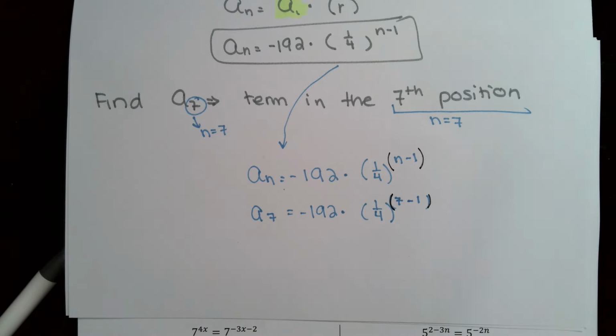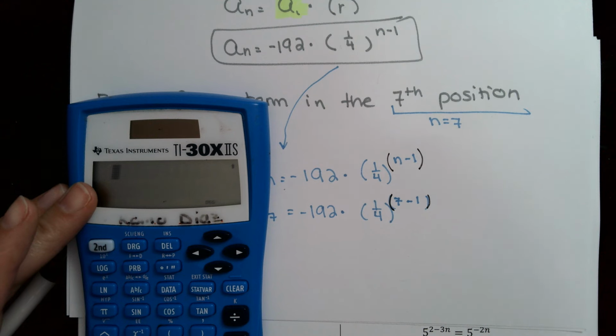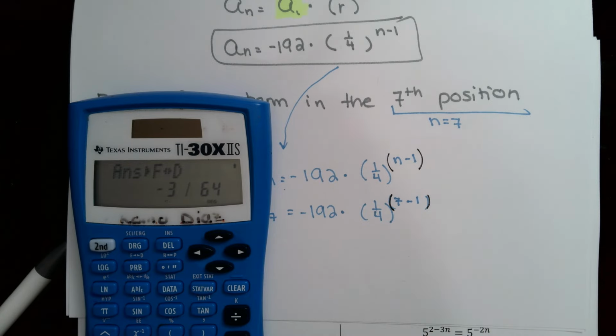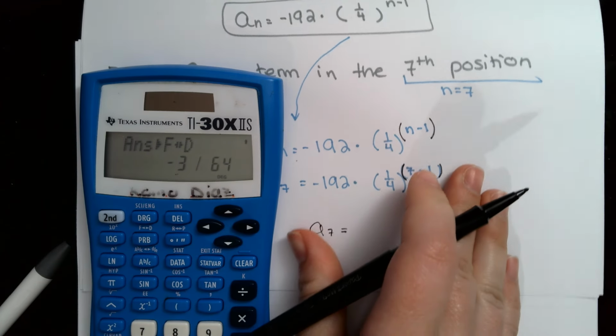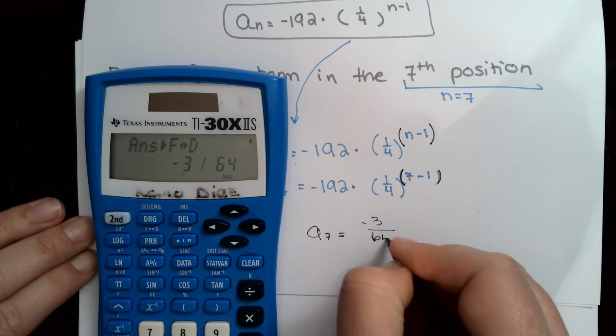So with our calculator, we're going to type this in. Negative 192 times open 1/4, close it, caret, open 7 minus 1, close it, and I get, second PRB, the term in the 7th position is negative 3/64.